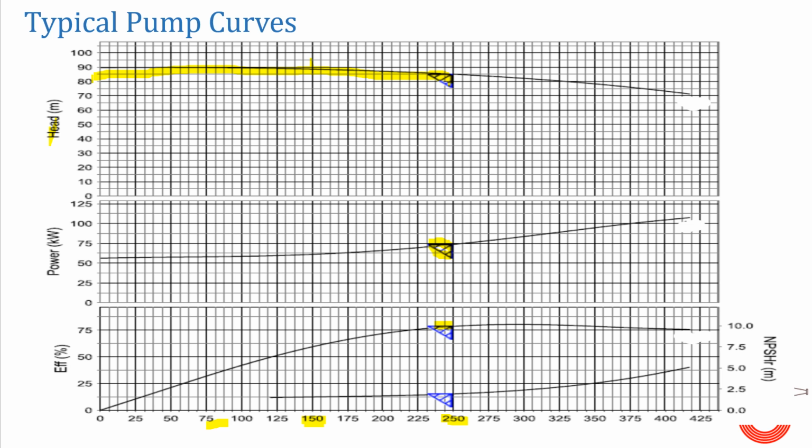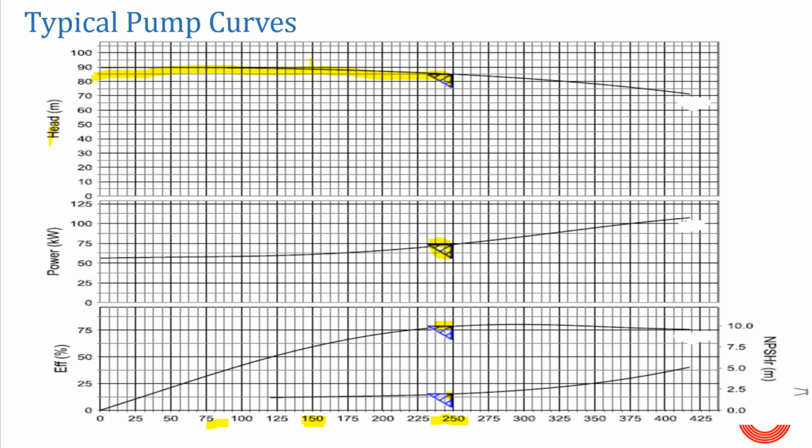And what will be the NPSHR, which we have discussed in yet another video, what is NPSHR and what is NPSHA. So the NPSHR requirement will be around 2.1 or 2.2. If we plot all these curves, flow is plotted against a particular head, and accordingly a pump is selected, and depending upon that selection, all the factors like pump power requirement, efficiency of the pump, and NPSHR also vary.